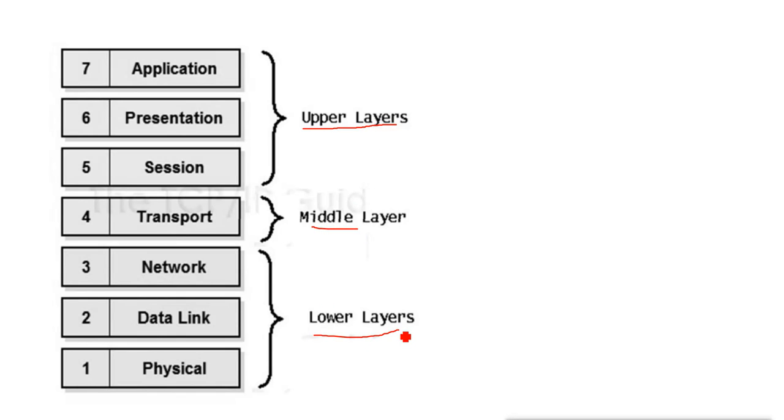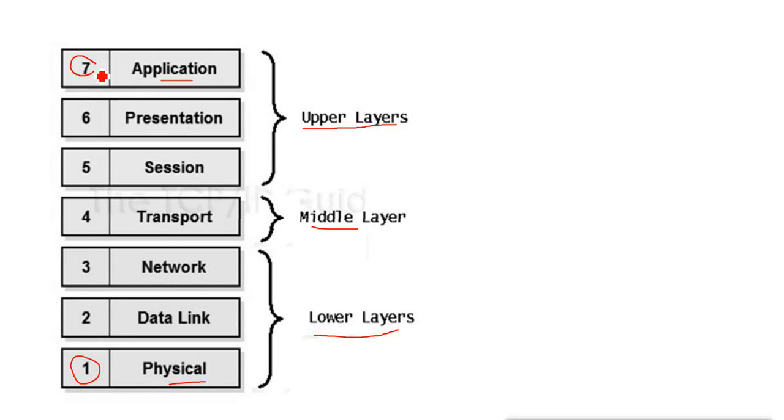Now if you see the names, the first layer is the application layer, and the last layer is the physical layer. But if you see the numbers, the first layer is actually the physical layer, and the last layer is actually the application layer.